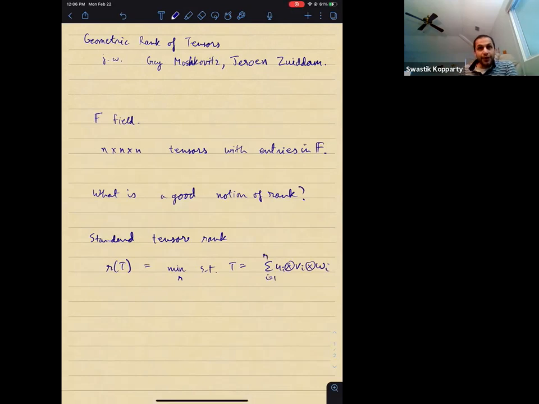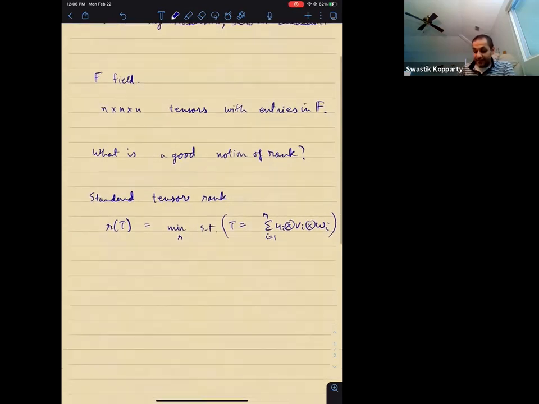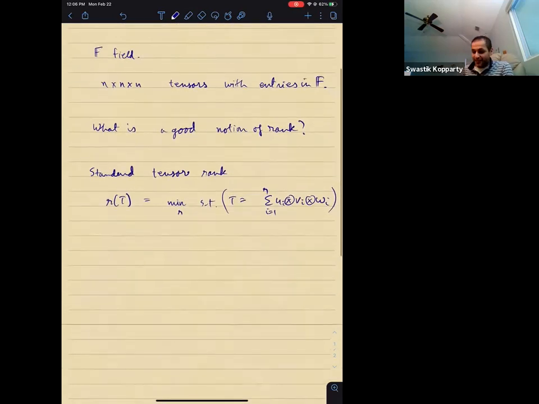This is the outer product of three vectors. This is a nice definition, and this is what is called the standard notion of tensor rank. I'm going to introduce a few other definitions too.